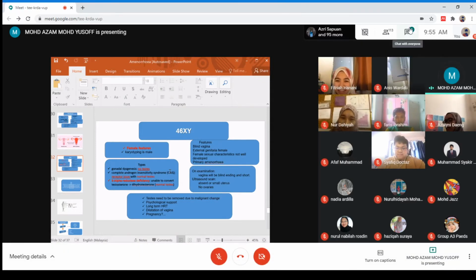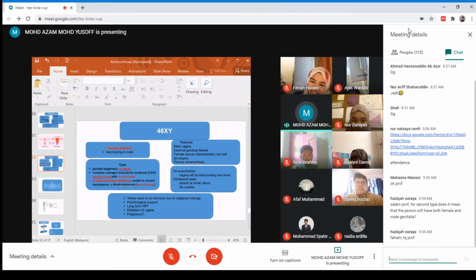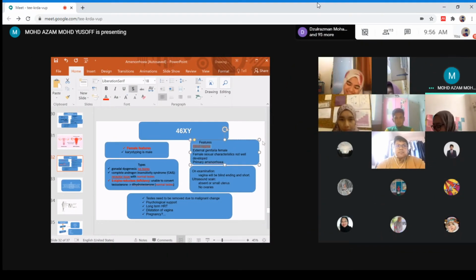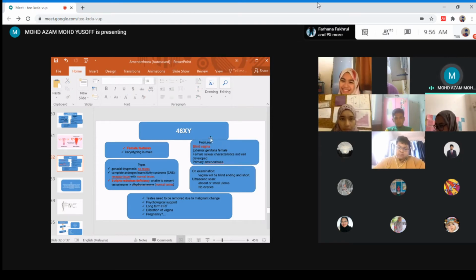Okay. So the feature is they have a blind vagina. The vagina is blind because of the development. Probably next time I should put a slide on fetal development.